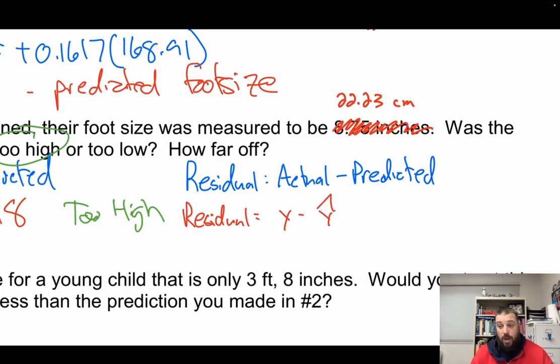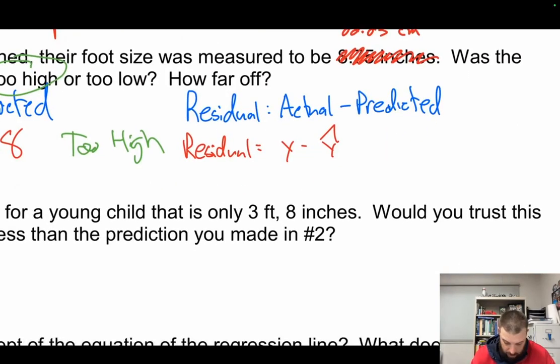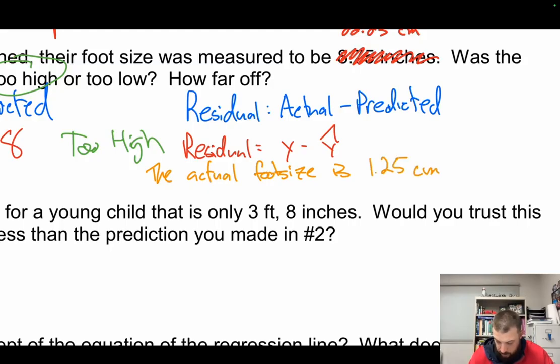The y is our actual, y hat, again, is our predicted. Our statement based off of this would be: the actual foot size is 1.25 centimeters below the predicted value.